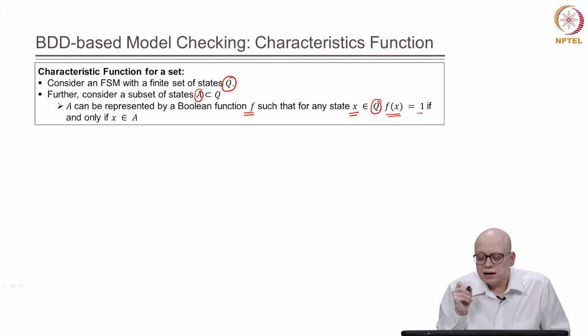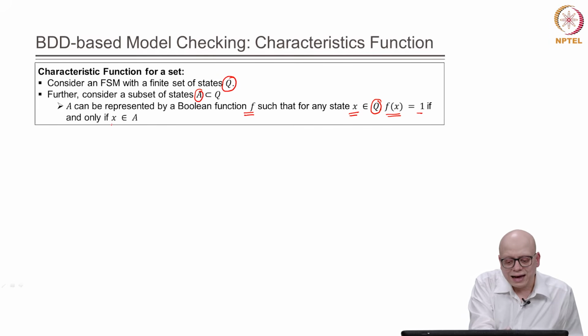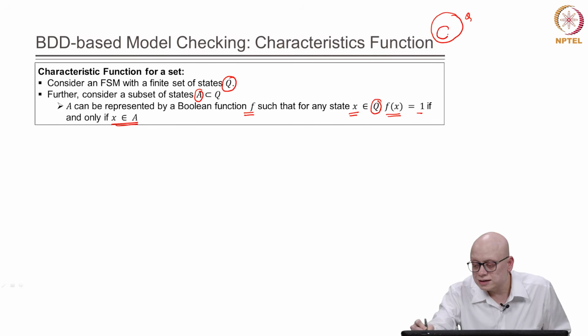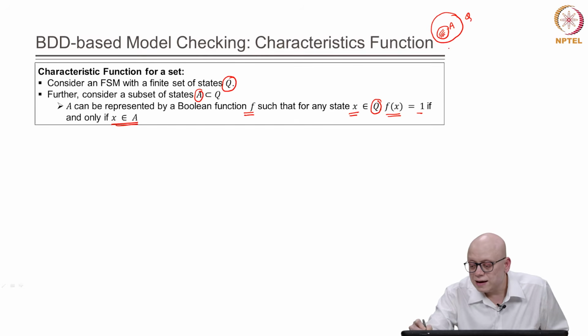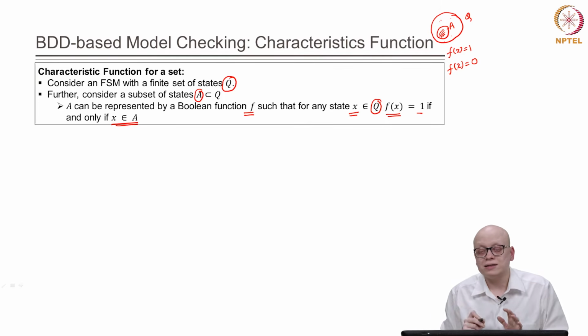So, we define a function f, known as the characteristic function for the subset of states A, such that f(x) is equal to 1 if and only if x is an element of A. Meaning, if this is the set Q, representing all the states, and we took a subset of states A, then for the states existing in A, f(x) will be 1, and for all states which do not belong to A, f(x) will be 0. So, this is the definition of the characteristic function.